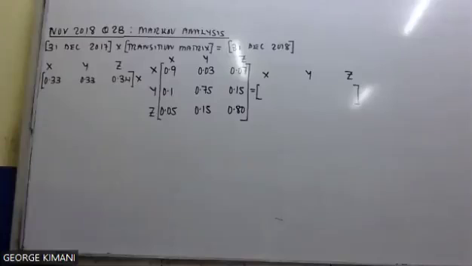Like wewe ulikuwa na 0.33 na 0.9. Yes, but I was wrong. How? Nachukua 0.33 na multiply na hii ya kwanza. Narudi kwa hiyo 0.3 na za ya wani.